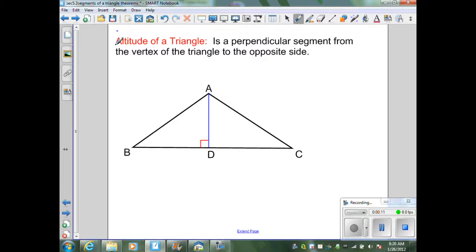As previously defined, the altitude of a triangle is a perpendicular segment from the vertex of the triangle to the opposite side. And here in the diagram, we have triangle ABC, and we have altitude AD. It is starting at the vertex, point A, and is perpendicular to the opposite side of A, and that would be segment BC.